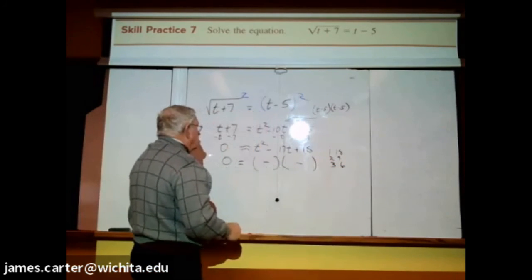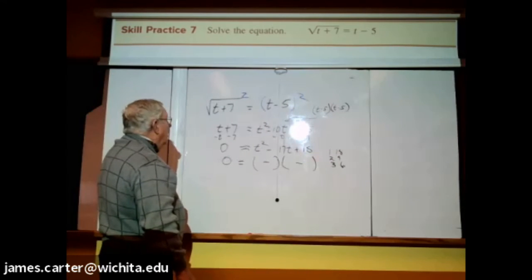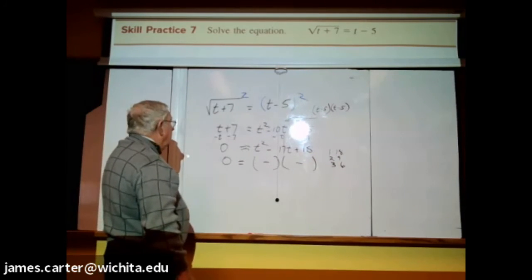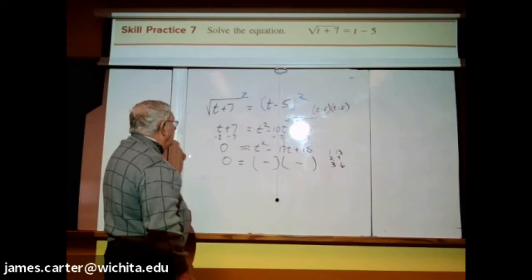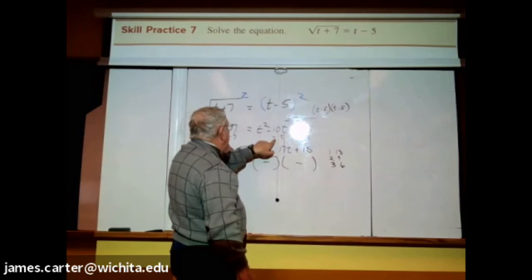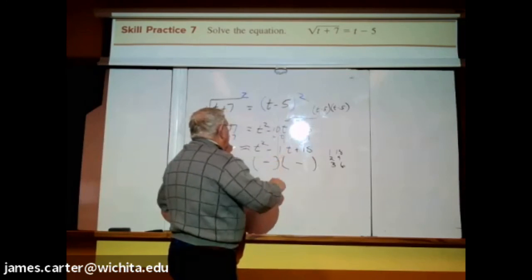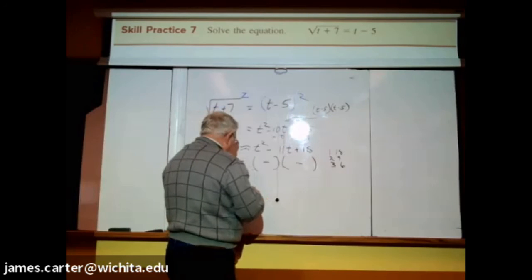Let's see if this thing will factor. Well, have I made any mistakes anywhere? Yes. How in the world did I get negative 17t? Let's try an 11 here, and it might be right now.